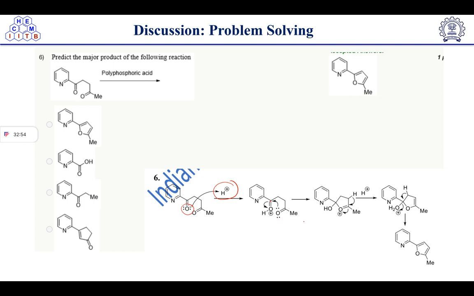After this, it will form this type of 5-membered cyclic furan ring, and then this bond will shift here, and it will form this type of intermediate. After this, proton transfer will take place, and aromatization will also take place to give the corresponding furan ring. So this reaction is known as a furan synthesis. So the correct answer is option number A.